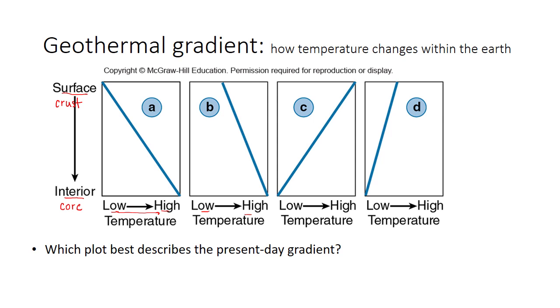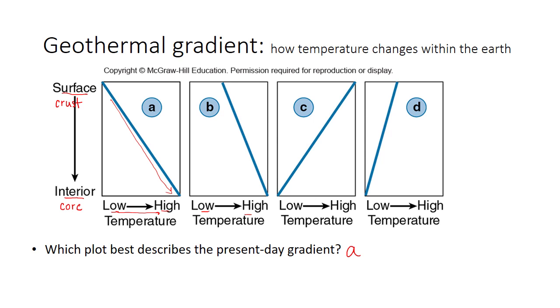Well, let's look at A. Here on the surface, we have low temperature. So this makes sense, right? The surface has a low temperature. As you go further in, your temperature gets higher and higher and higher.